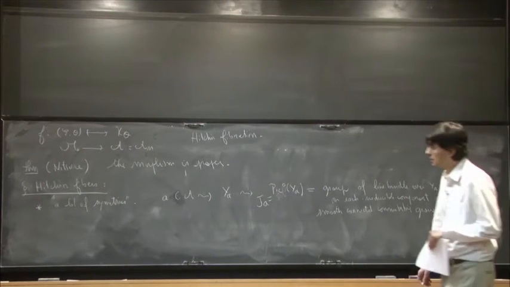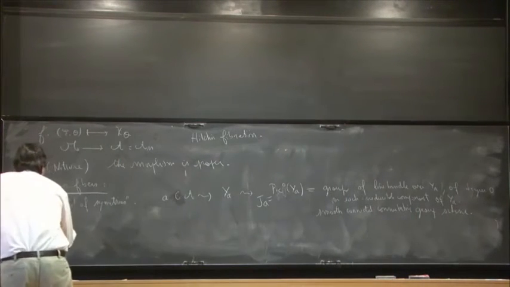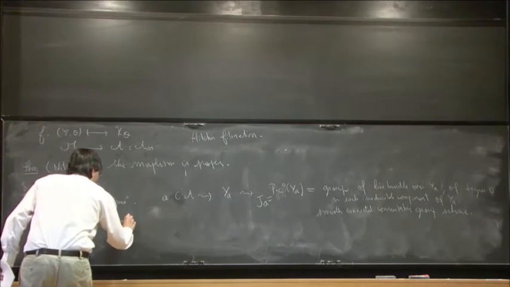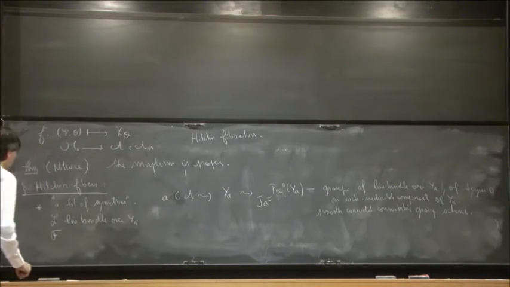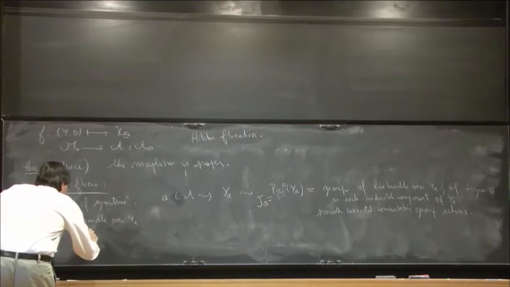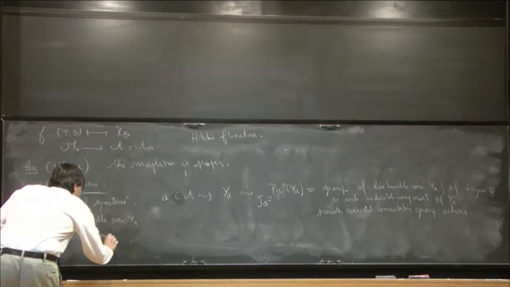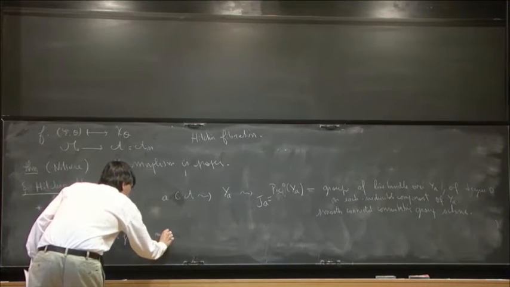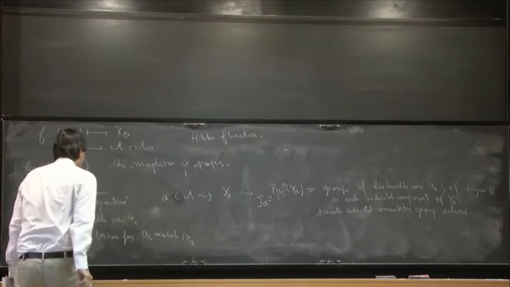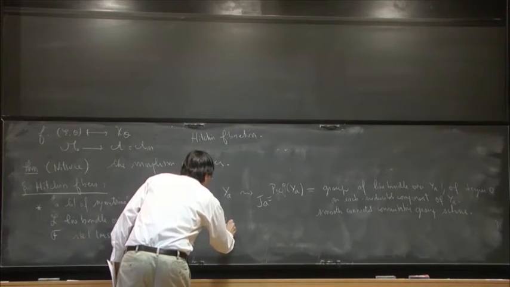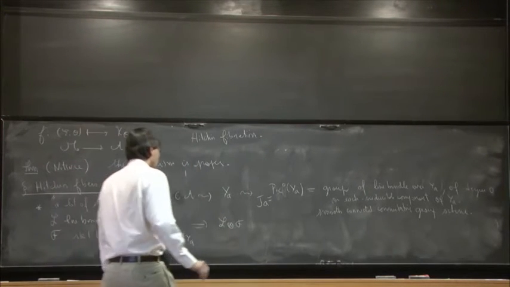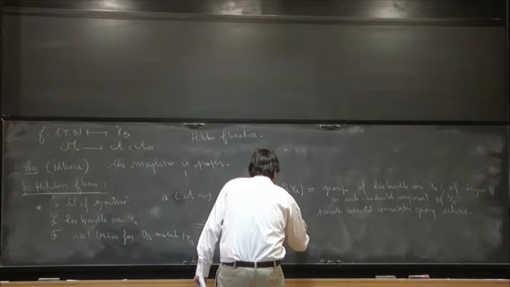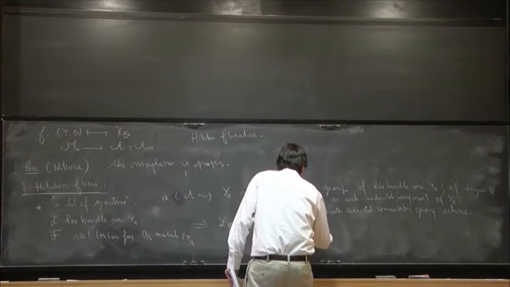And each time I have a line bundle L over YA and a rank 1 torsion-free OY module F over YA, I can tensorize F with L, and I get a rank 1 torsion-free OY module.